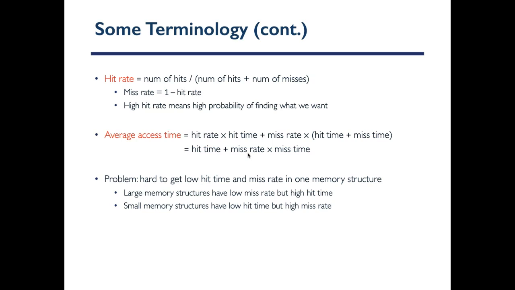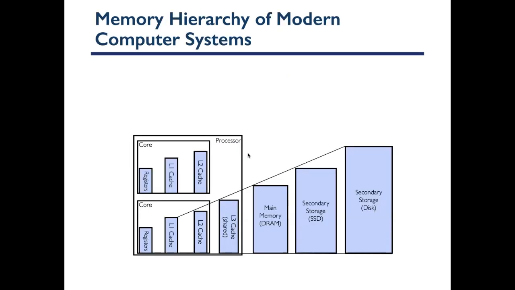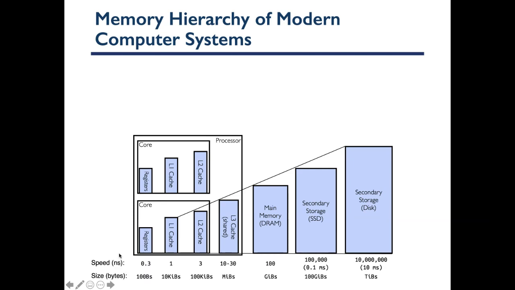What do we have usually in our systems? This is usually what happens in our systems. If you have a multi-core processor, for instance, core 1 and core 2, each one of them will have their own registers. Each one of them will have their own L1 and L2 caches. Then you have an L3 cache that is shared between all cores.